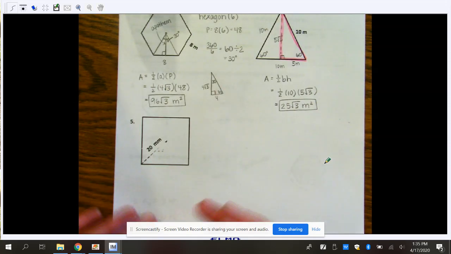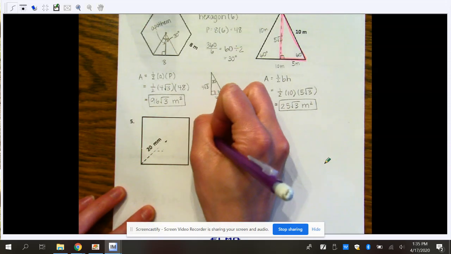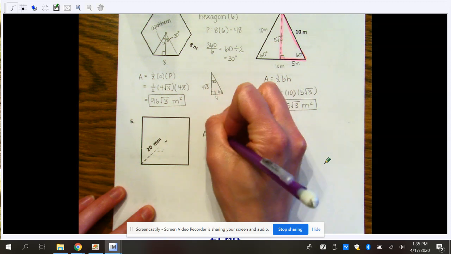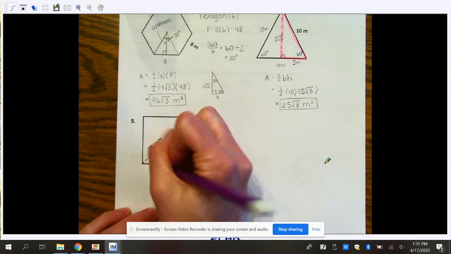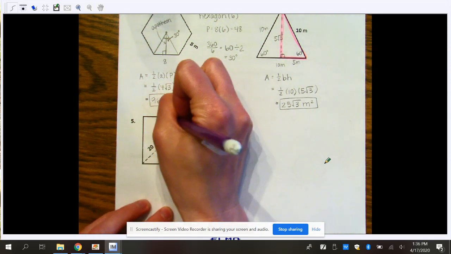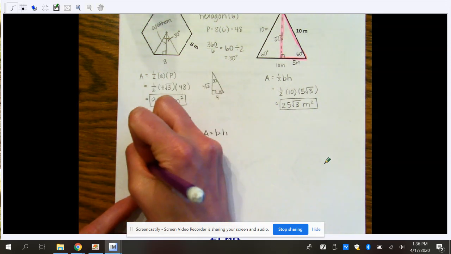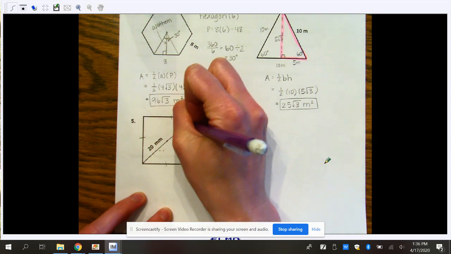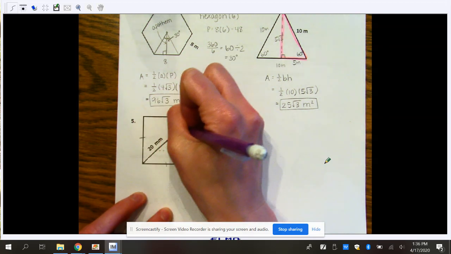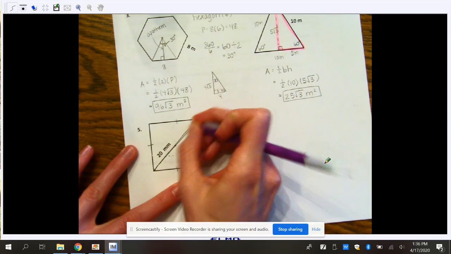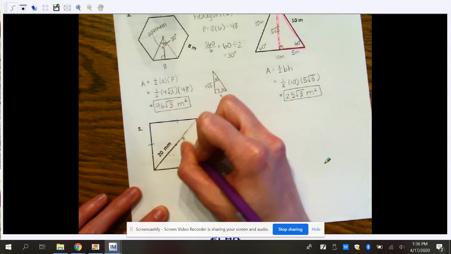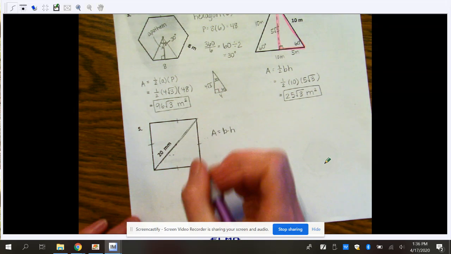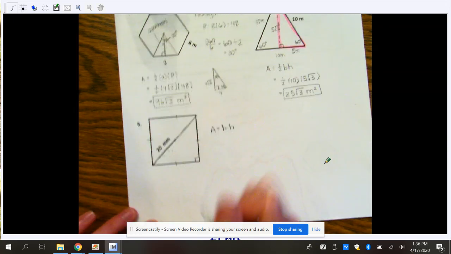And so now this last one we're looking at is a square. So again, the much easier formula to use is just going to be base times the height. Well, because we know that all these sides are congruent, I'm going to pretend that this is the whole diagonal. This is a right angle.